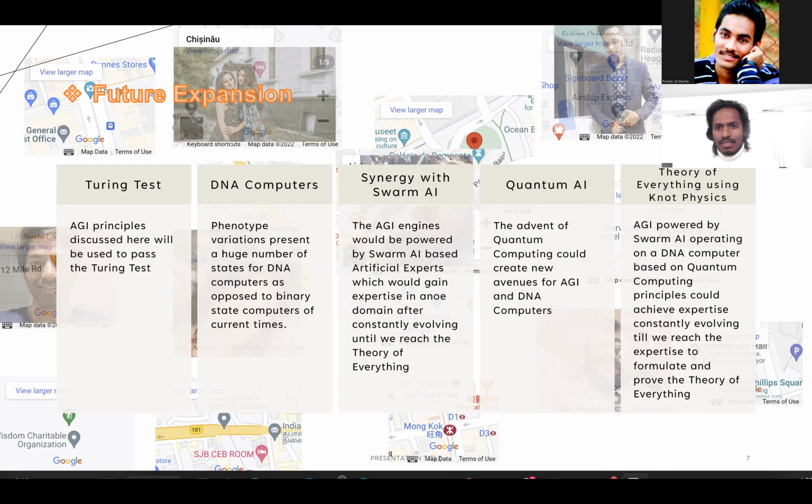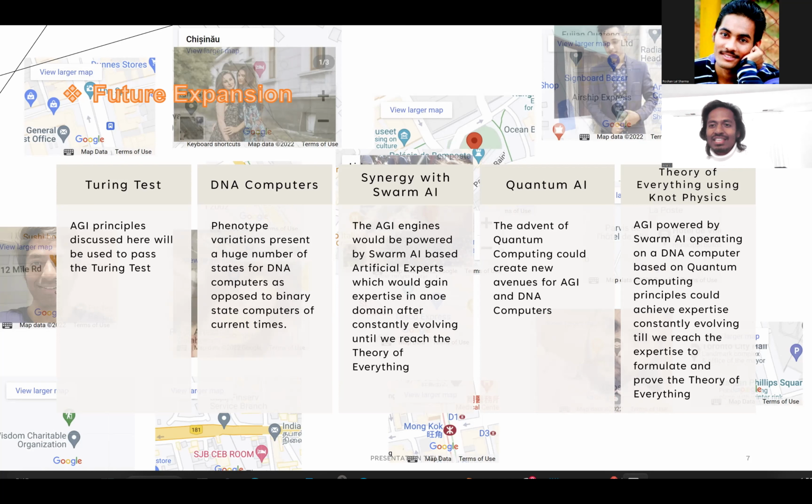That's pretty good. And once we have AGI with quantum computers and DNA computers, then generalization would be pretty awesome. Since we already have the quantum computers, and we're going to bring in DNA computers, then AGI would be very good. And what happens next?